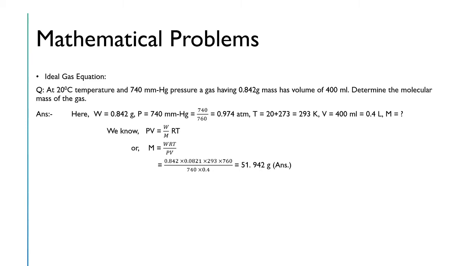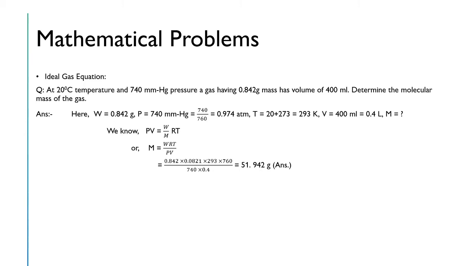Suppose in SI unit, the pressure has unit of Pascal, the volume has meter cube, and the rest of others is same, and the unit of mass in SI unit is kilogram. Okay, so if you want to solve the problem in SI unit, you just have to convert all the values into those respective units. So this is a key thing to remember.